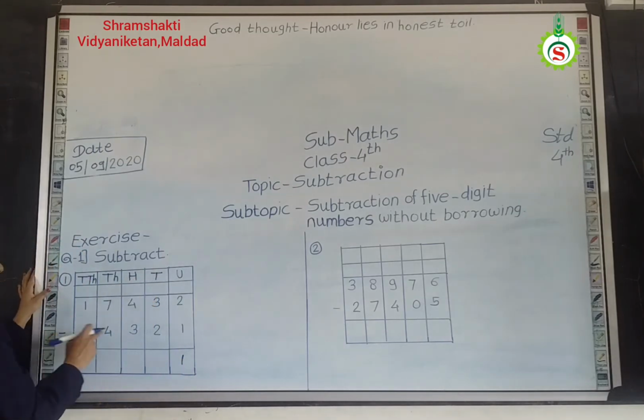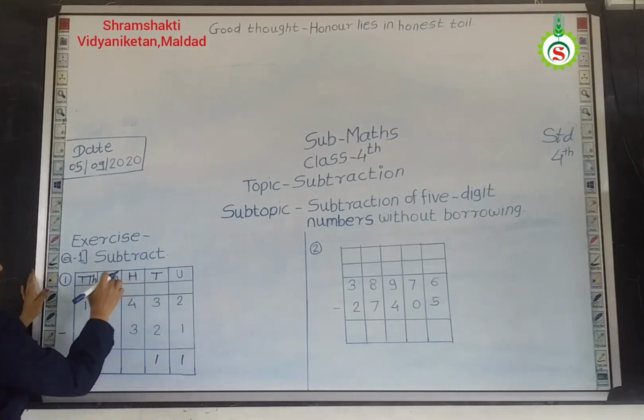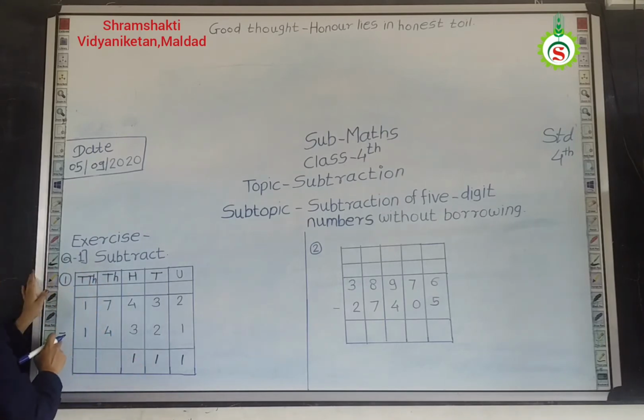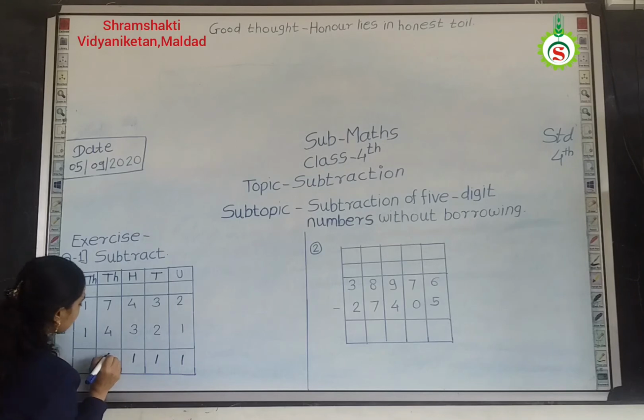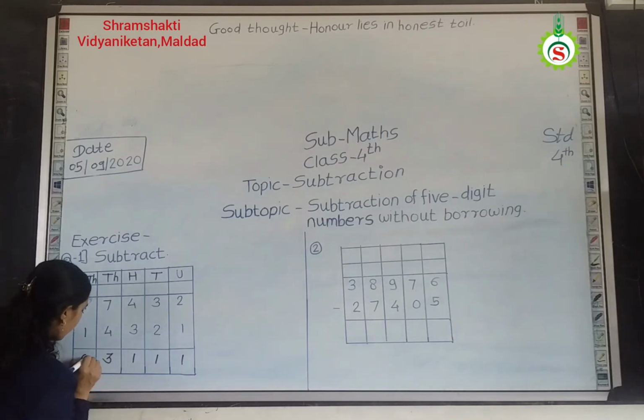3 tens minus 2 tens, 1 ten. 4 hundreds minus 3 hundreds, again 1 hundred. 7,000 minus 4,000, 3,000. And here 1 ten-thousand minus 1 ten-thousand is equal to 0.